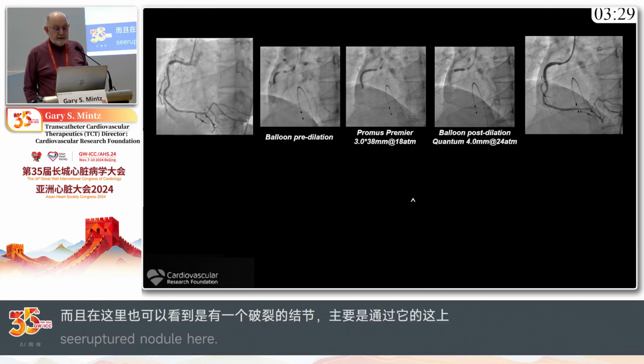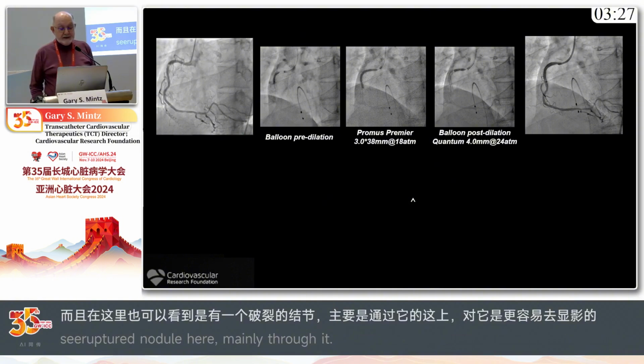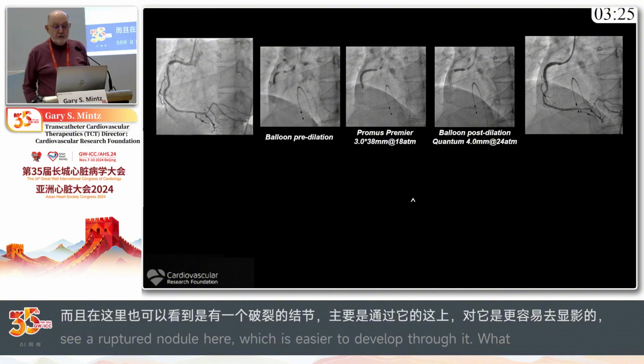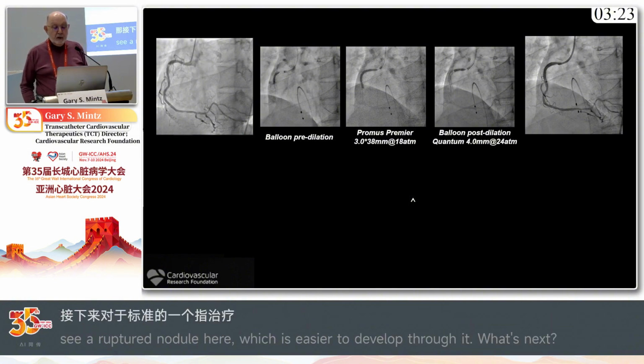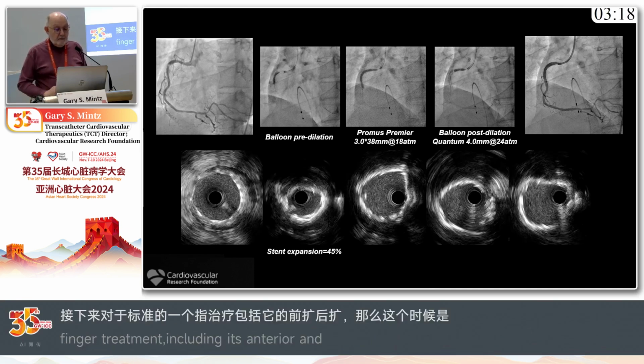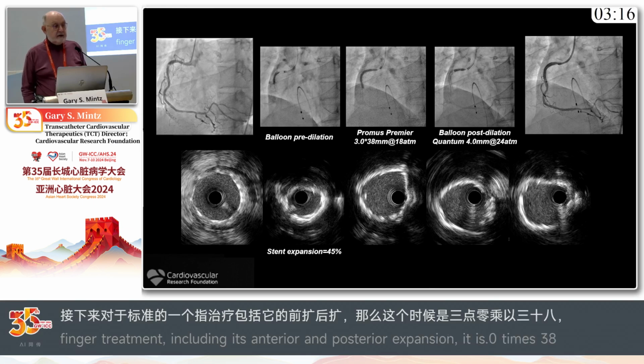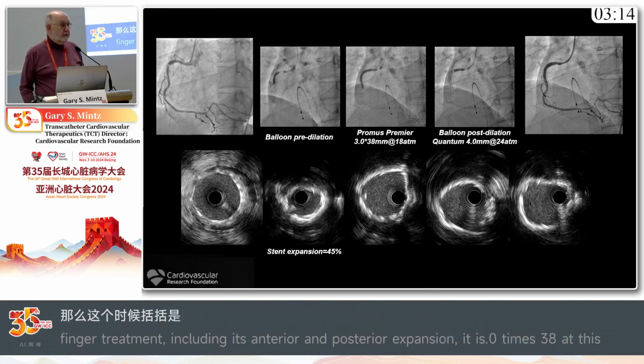Was treated with standard PCI techniques with a stent and post-dilation with a 4 millimeter balloon at 24 atmospheres. The angiogram looks pretty good, but by IVUS, stent expansion is only about 45%.